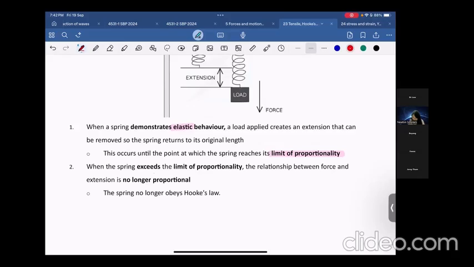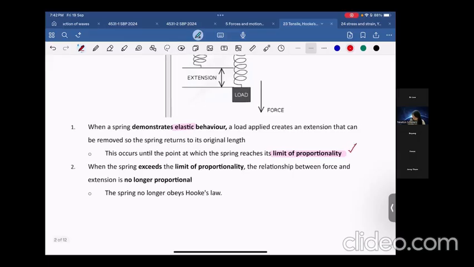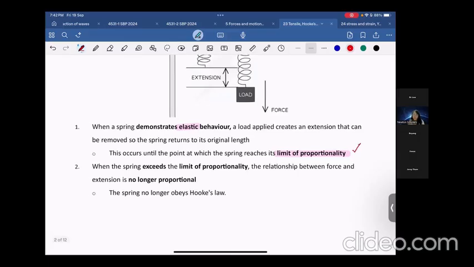When the spring exceeds the limit of proportionality, what happened? If the point exceeds this point, what's going on? The force and extension is no longer proportional. Hooke's law that we know, F equals Kx. What is the relationship between your force and your extension?